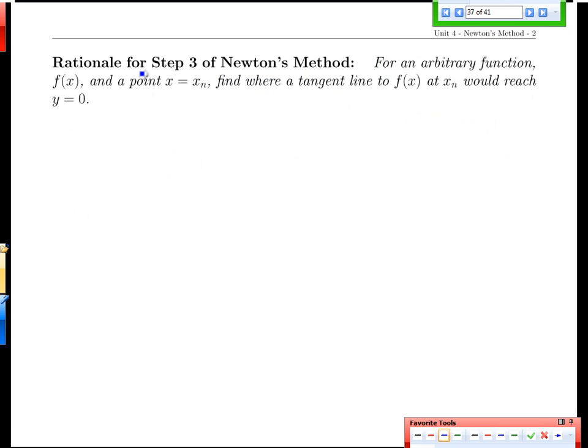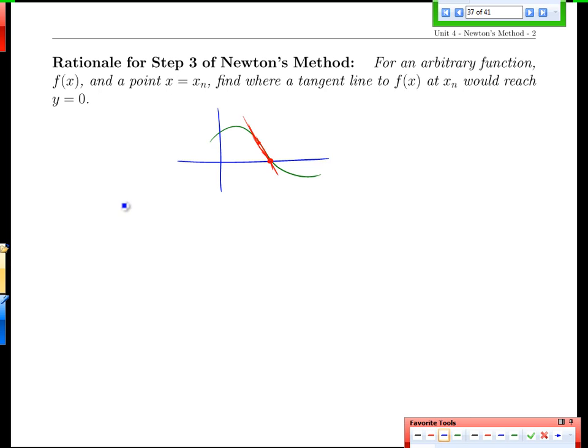All right. That mysterious formula in step 3 turns out to have a very solid mathematical basis. So let's imagine a function, f of x. So f of x is here. We pick a point on the function. There we go. And we're interested in knowing when that tangent line is going to cross the x-axis.